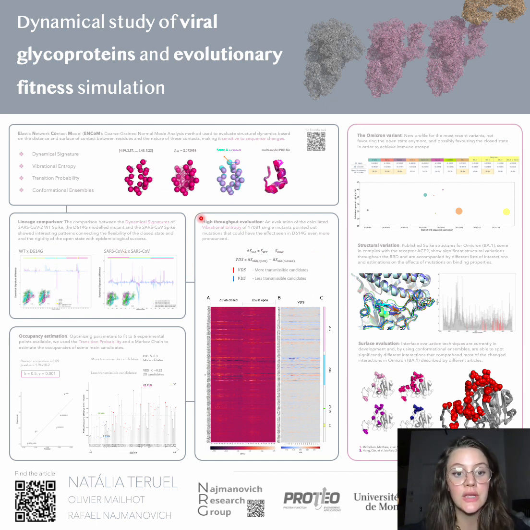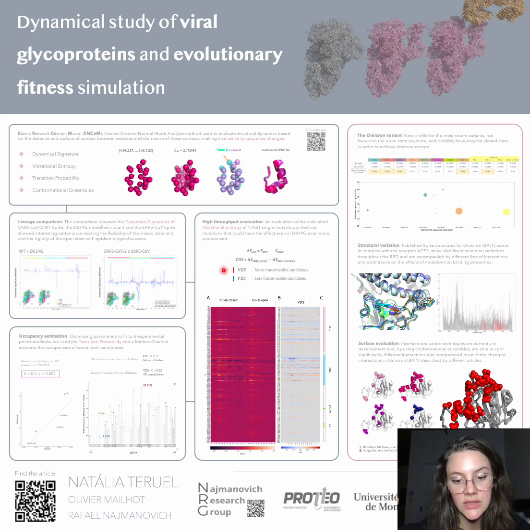We then use the vibrational entropy, which is only one measure instead of the measures for every single residue, to do a high throughput evaluation. So we performed over 17,000 single mutants, every possible single mutant for most of the spike structure. And we saw that even though the 614G that is around here had interesting results, we had many positions and mutations that had much more interesting results, much higher VDSs.